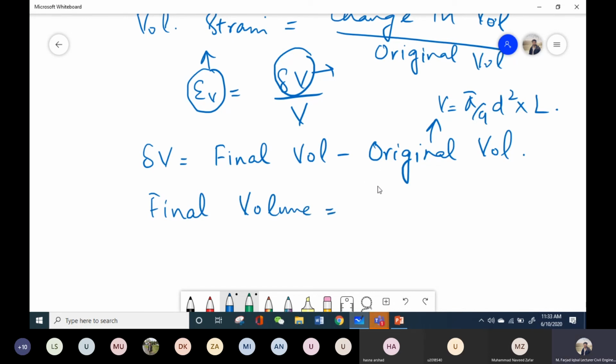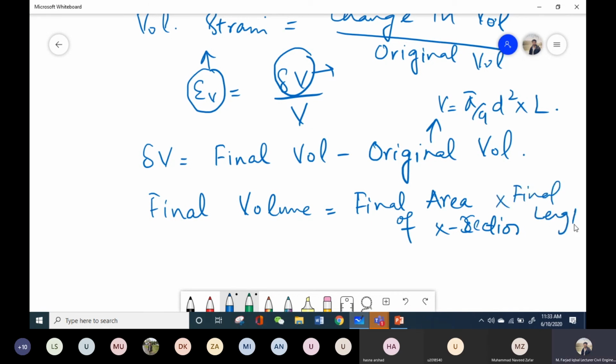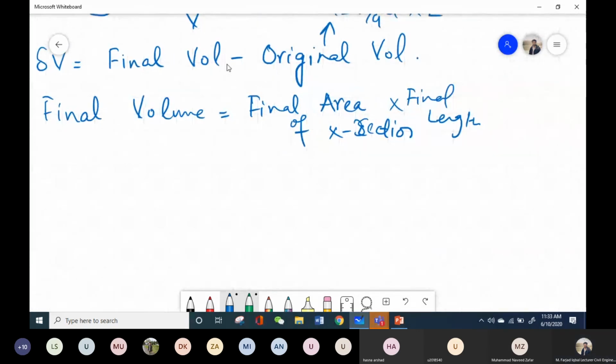So let's suppose the final volume is final area of cross section into final length. When no stresses are applied on the cylindrical element, the initial diameter is d, and the increase in diameter after the stresses have been applied is delta d.